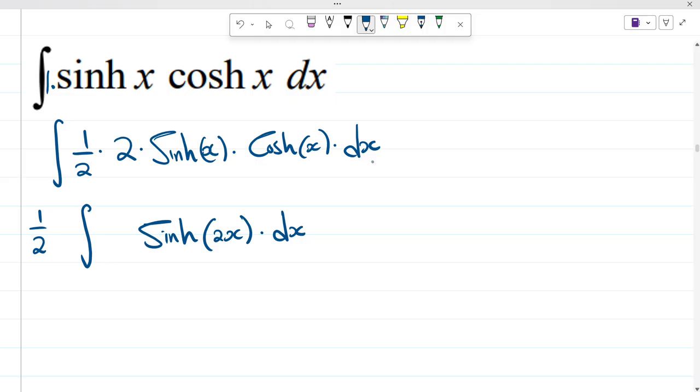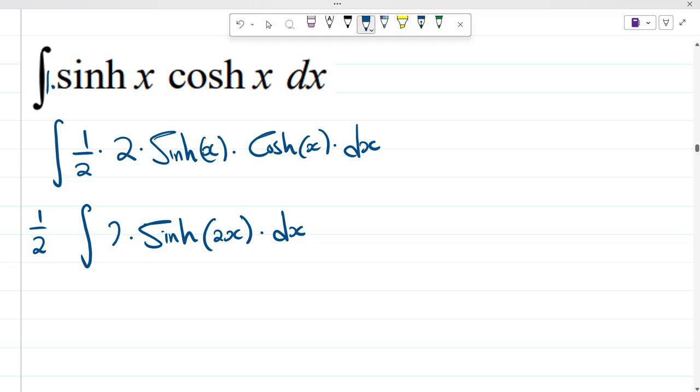And then what? So now I only have one hyperbolic function. For me to integrate this, it's easy. Why? Because I only need to make sure that next to this hyperbolic function, I have the derivative of the argument. The argument is the angle, of course. When I differentiate it with respect to x, what do I get? I get 2, right? So I only need to make sure that I have 2 here.